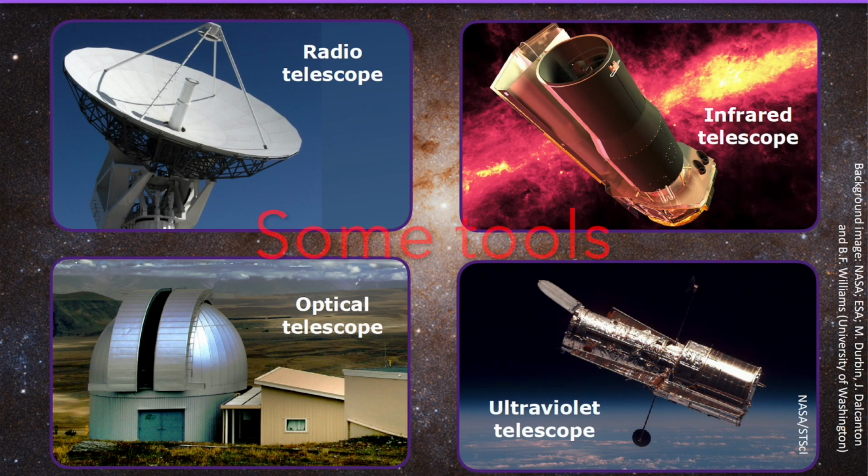Here are some examples of the tools that astronomers come up with to discover these knowledge gaps, these unknowns. Okay, so the two obvious ones, the oldest one is optical telescopes. They've been around since Galileo, right? What would that be? The 17th century, the 1600s. Radio telescopes are very new.